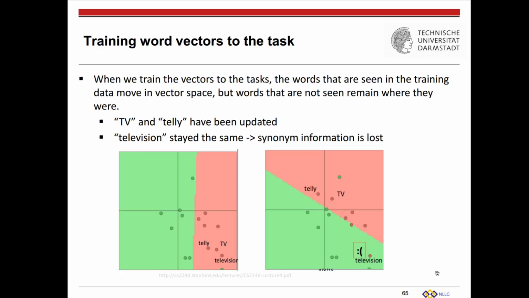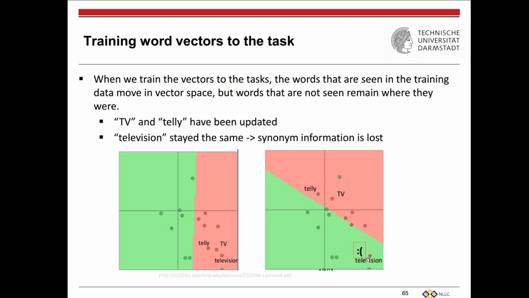Now what happens is, if we update our embeddings, tele and TV may be updated. They change their position in the vector space. Television isn't updated, so it remains down there. So actually, they dislocate quite a little bit. They're not synonyms anymore after updating, right?